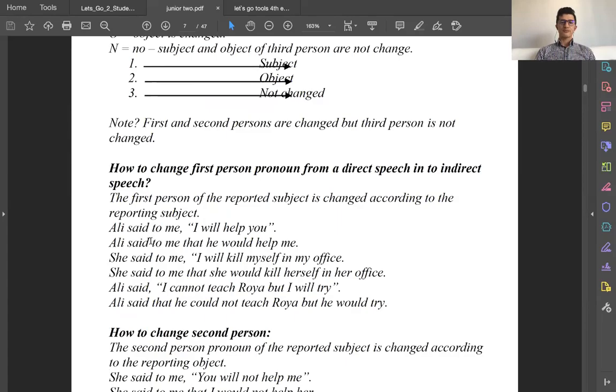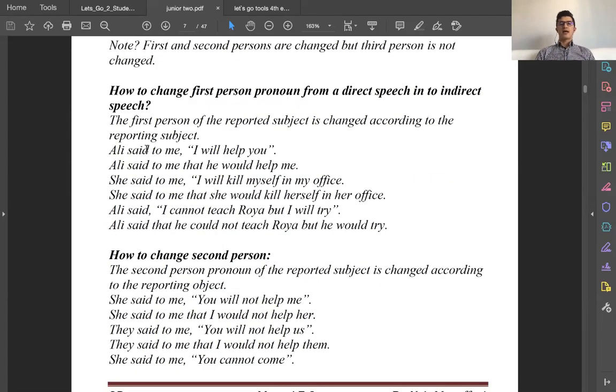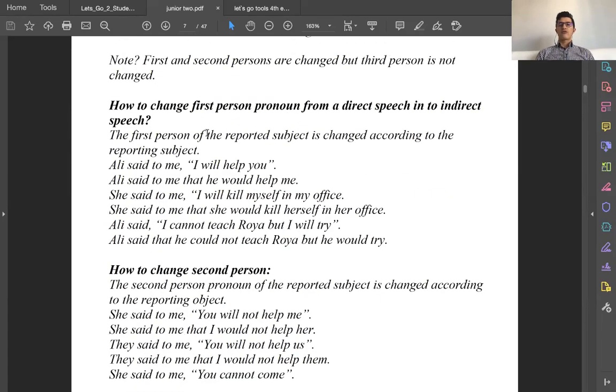The first thing here is how to change first person pronouns from direct speech into indirect. So the first person of the reported subject is changed according to the reporting subject. Look at this example here, you will understand what I'm talking about.